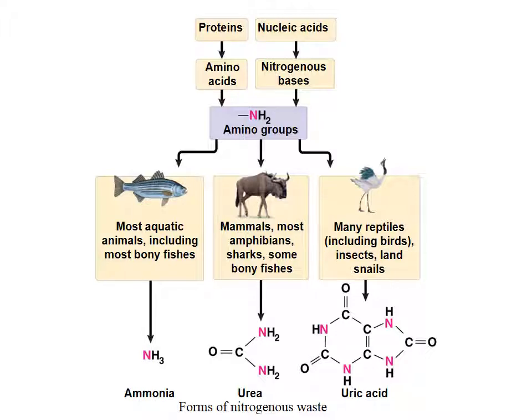Here is a summary slide showing you how various animals deal with getting rid of nitrogenous waste. On the left, you see fishes. They will use a simple way of just getting rid of ammonia. Most land animals, sharks and some bony fishes will use urine or urea.